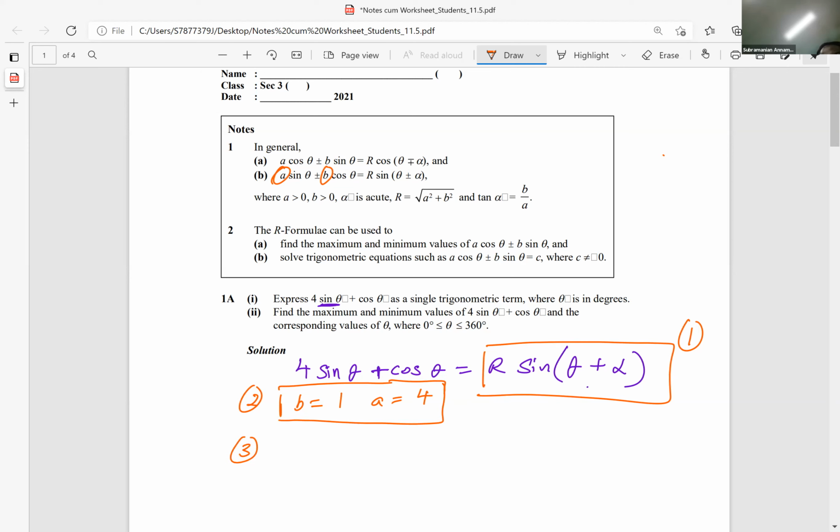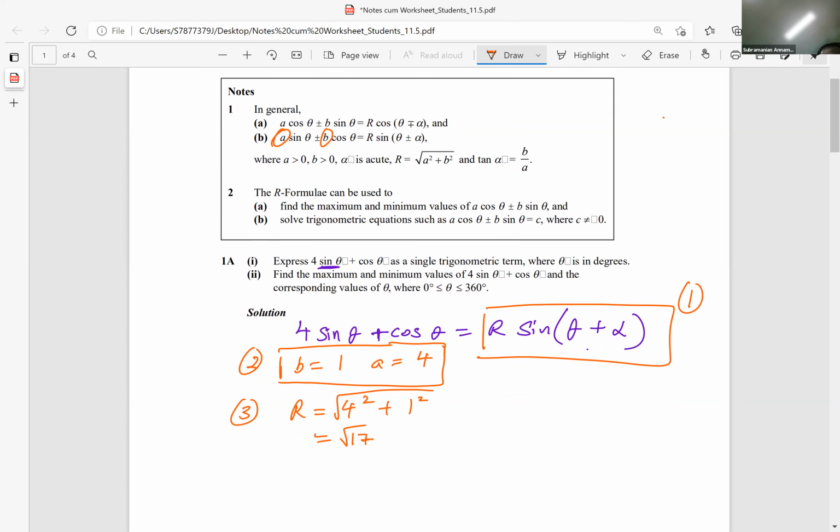Third step is to find your R. What is your R? 4 squared plus 1 squared. It's Pythagoras theorem. So this is 16 plus 1, 17, so square root 17. Now, please leave it in surd form. Okay, next, number 4. Tangent alpha.